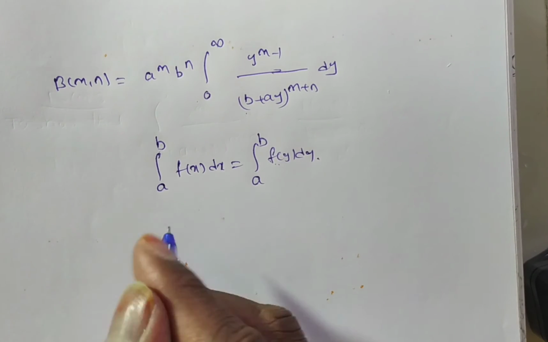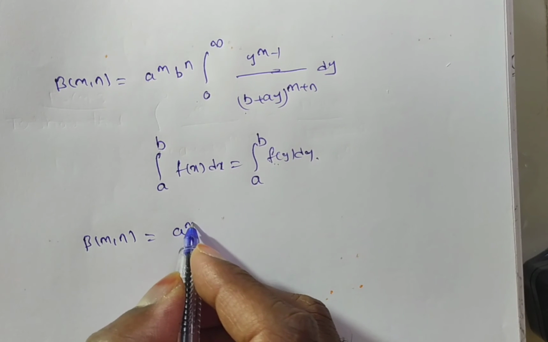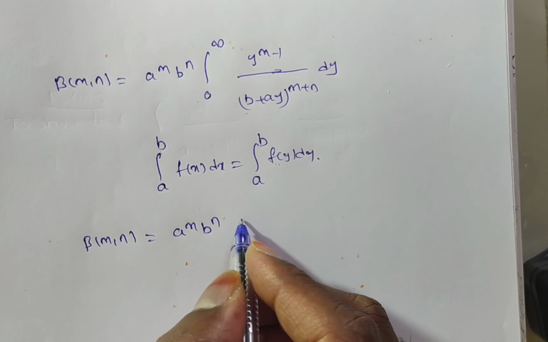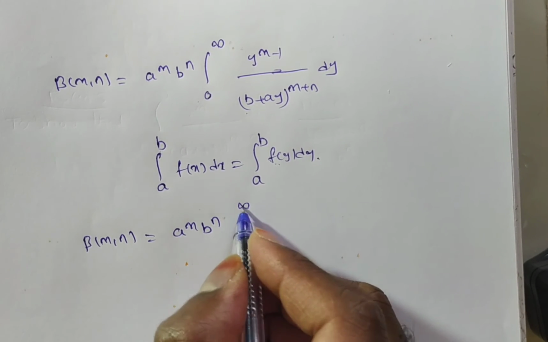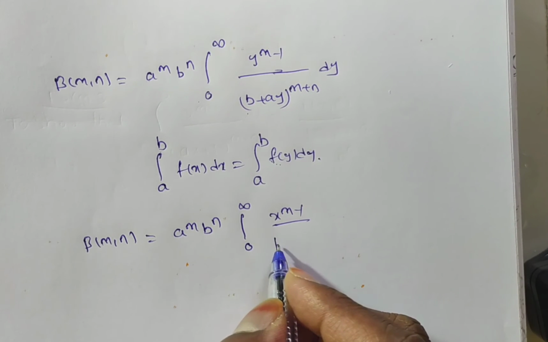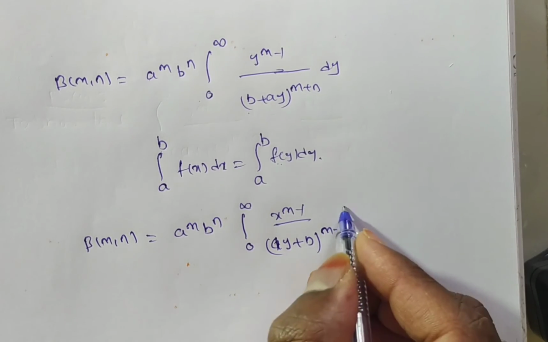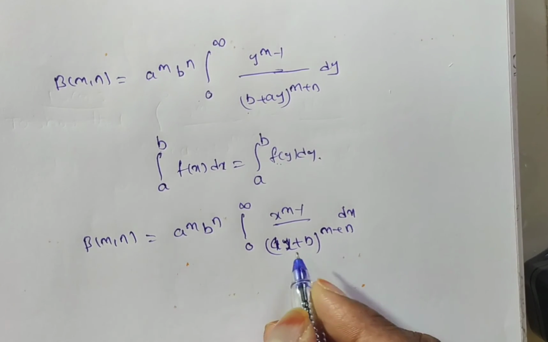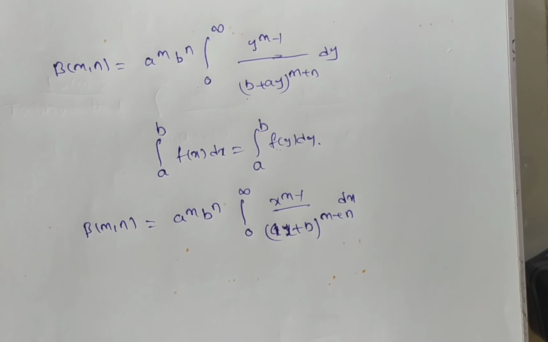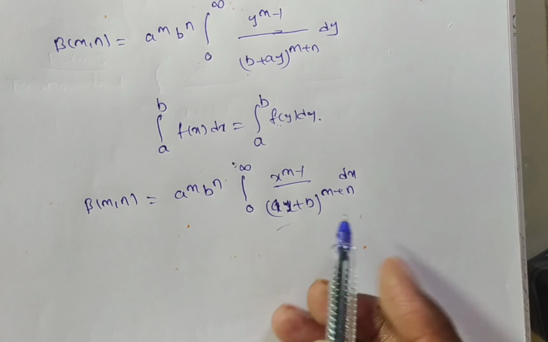Yes or no? Therefore beta of m comma n is equal to a^m b^n into integral 0 to infinite x^(m-1) by (ax + b)^(m+n) dx. But what you require actually is this one only, no?